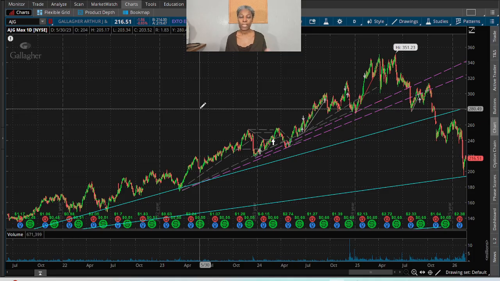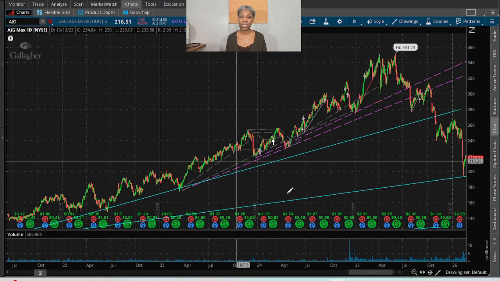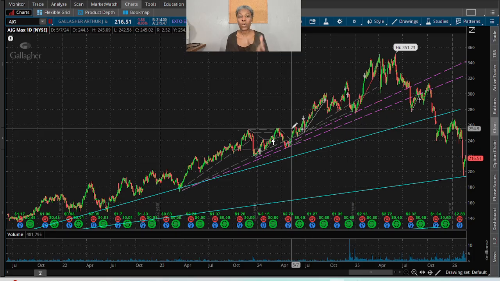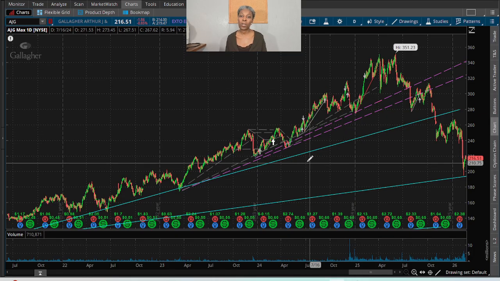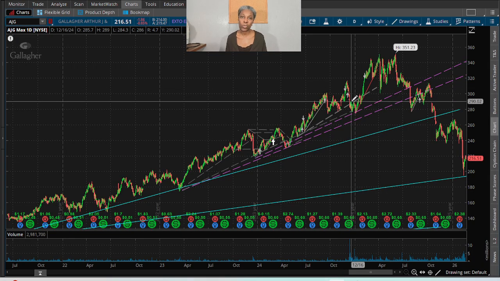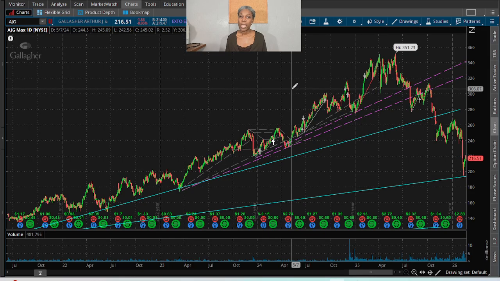I would like us to say 2024, and I used moving averages in 2024. But toward the end of it or so, I stopped using those because it just made the chart kind of cloudy for me. In 2025, I didn't use them at all, and in 2026, I'm not using them at all, and I'm just doing fine.